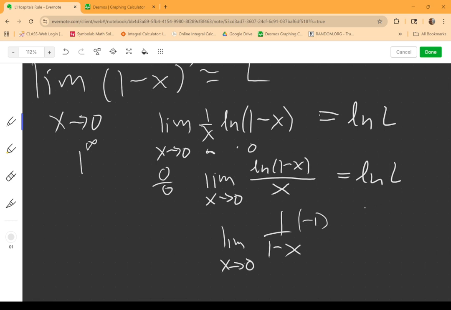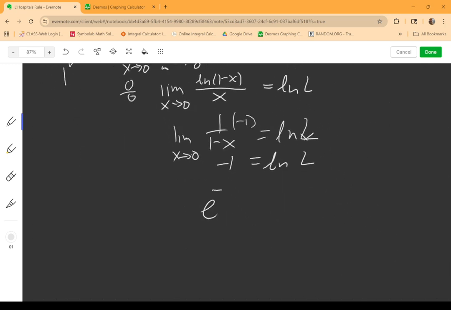As x goes to 0, this equals ln of L. Then I can plug in 0 here, and we get negative 1 is equal to ln of L. Or in other words, e to the negative 1 is equal to L, or the limit of 1 minus x to the 1 over x is equal to 1 over e.